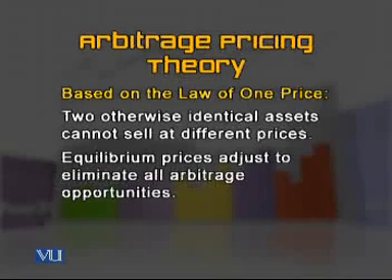Arbitrage basically means the advantage that one would be able to gain while sitting in one place, taking advantage of price differences of the same asset in a different place. So these are two otherwise identical assets that cannot sell at different prices, and this is the APT, which is based on the law of one price.